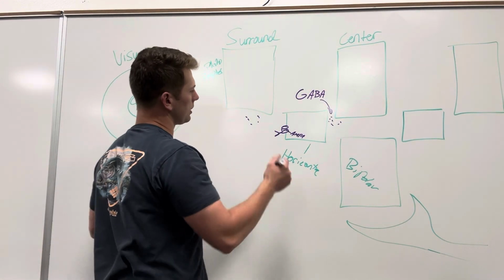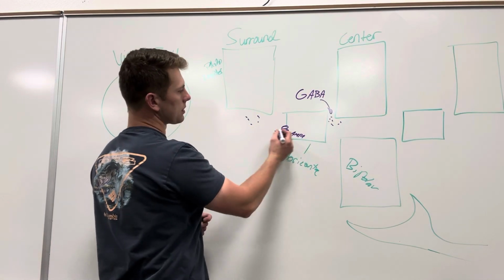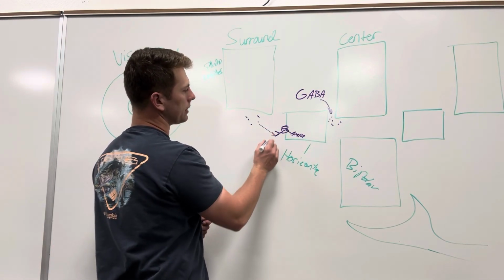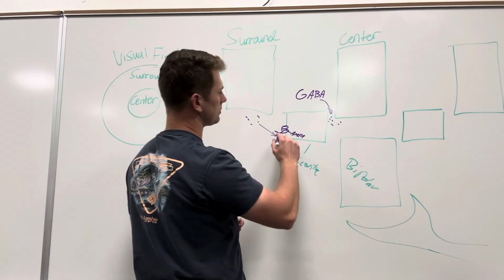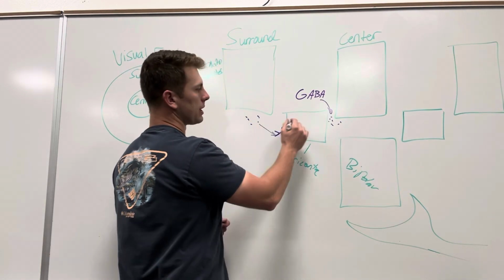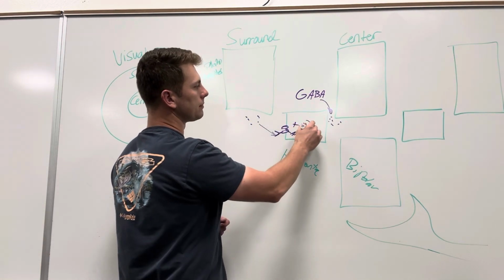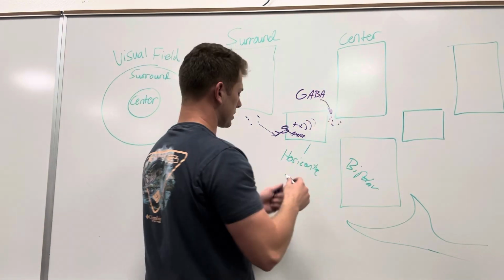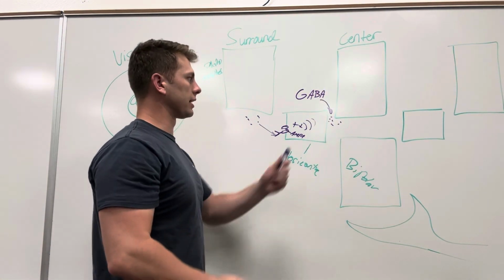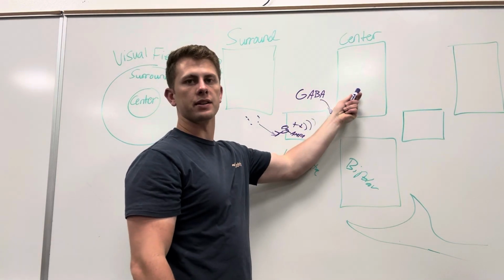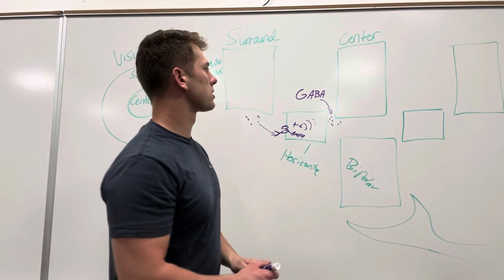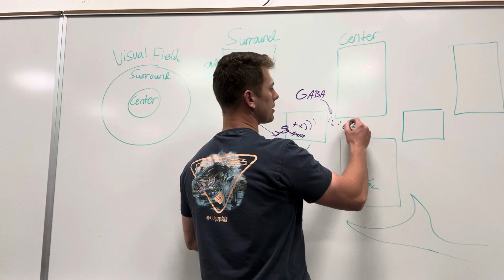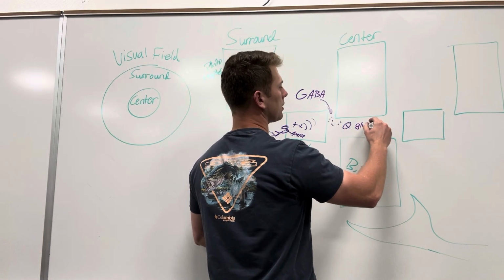We learned that previously. These horizontal cells have AMPA channels that will bind. AMPA will open, basically depolarizing the cell, releasing GABA on the terminal ends of the center cell, and GABA inhibits the center cell even more. And so we will have even less glutamate.